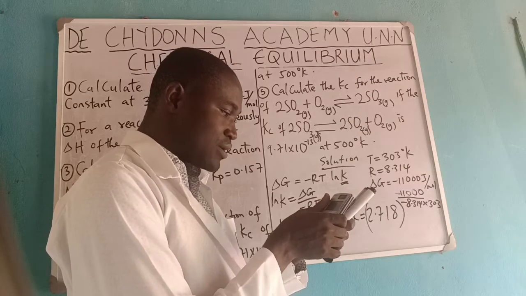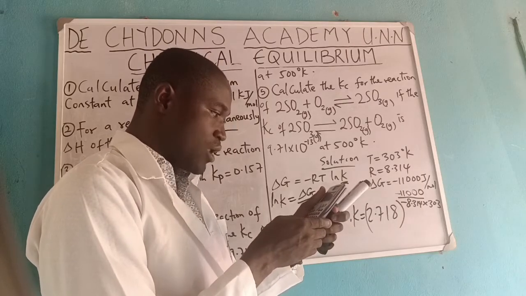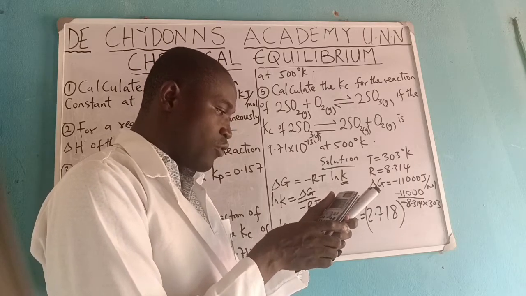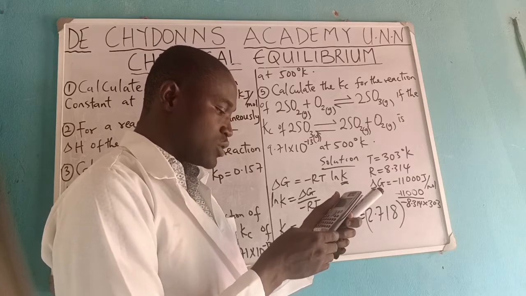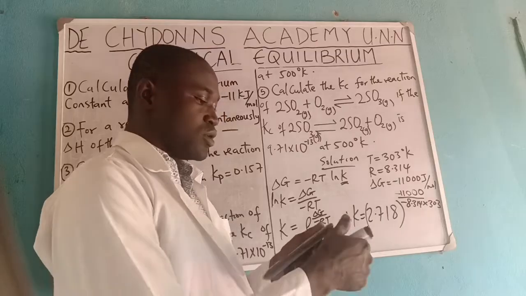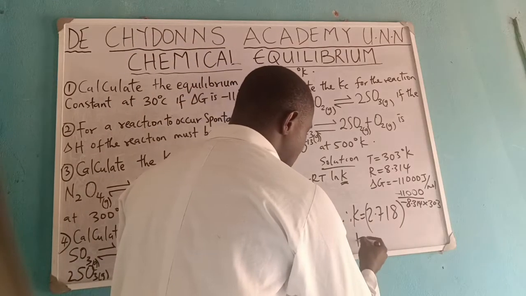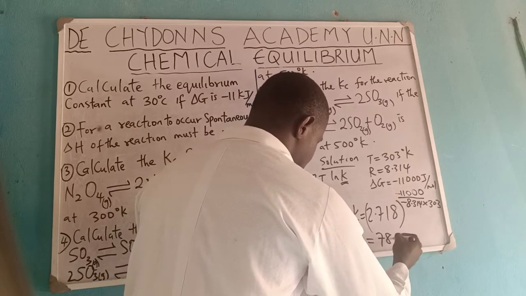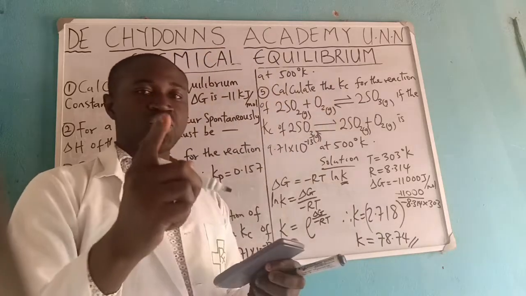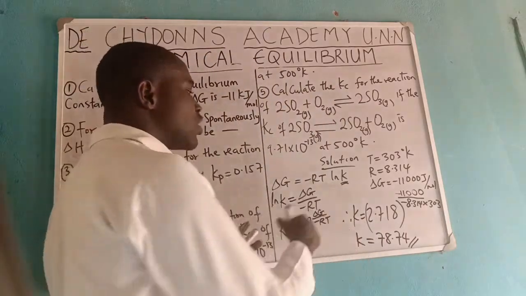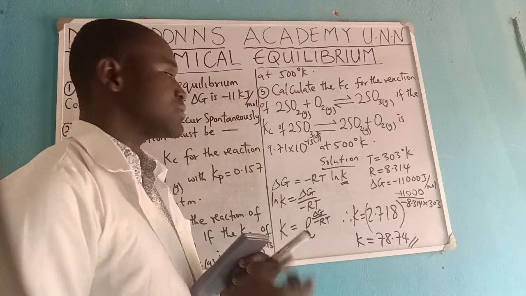Then I will now say divided by bracket, the second is minus 8.314 times 303. I will now close it and press equals to. If you use your calculator to simplify your own, you will be having K equals to 78.74. That is your answer. Please use your calculator to confirm this we solved and tell me in the comment box if we are correct. Thank you.